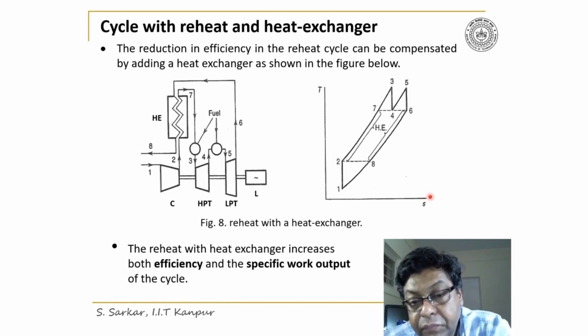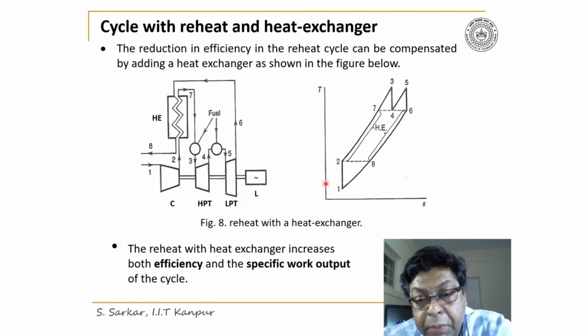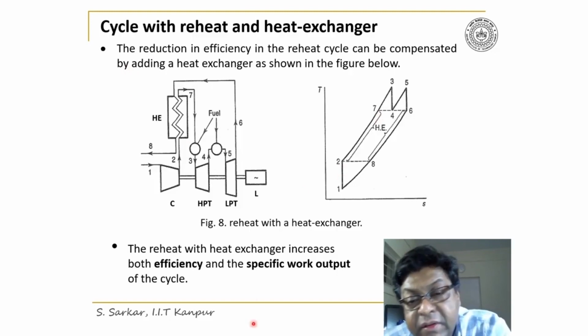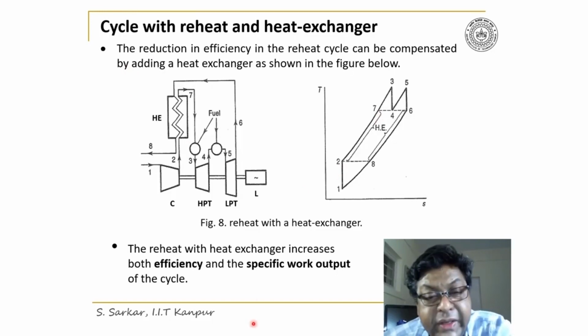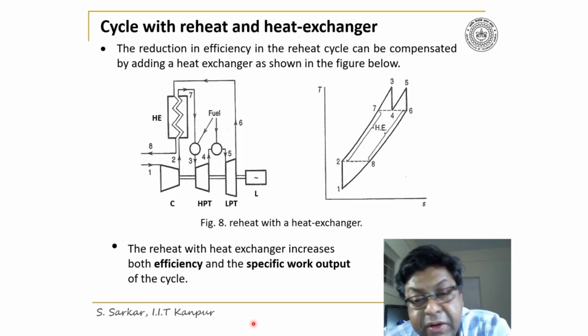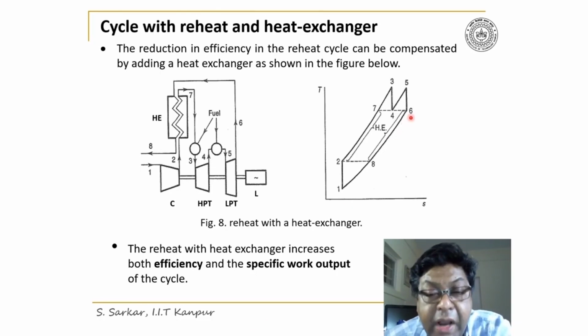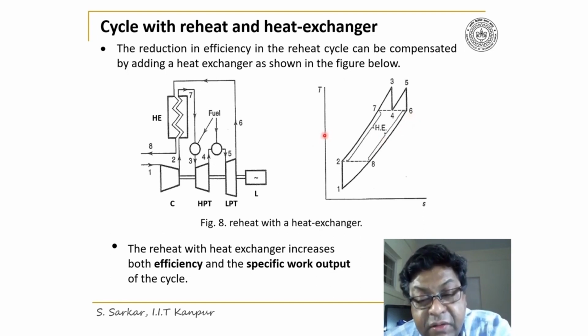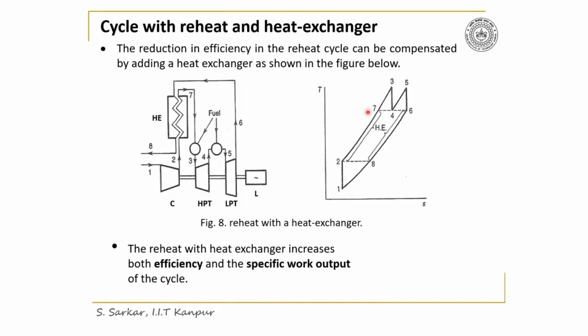The process 2-7 occurs in the heat exchanger that utilizes the high exhaust temperature of the LPT turbine. So the heat added in the combustion chamber is represented here by the process 7-3.